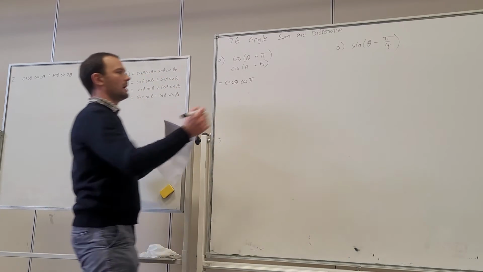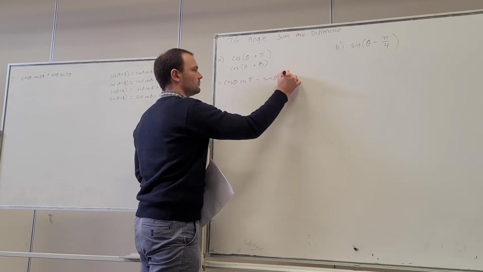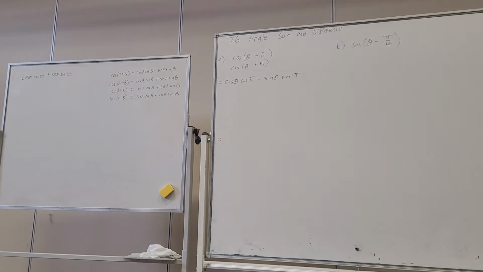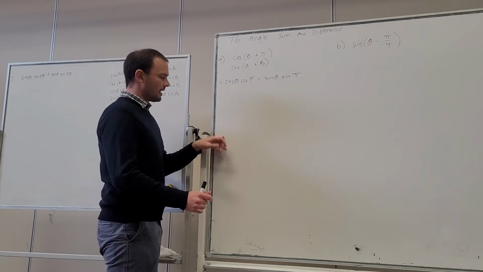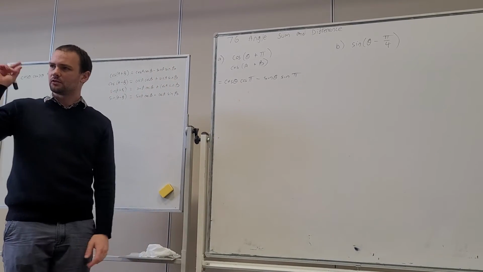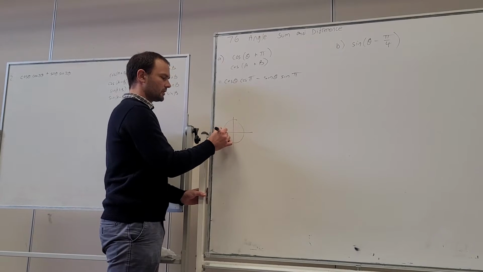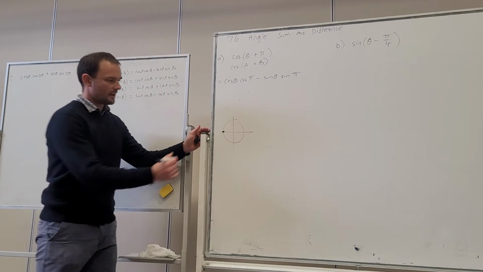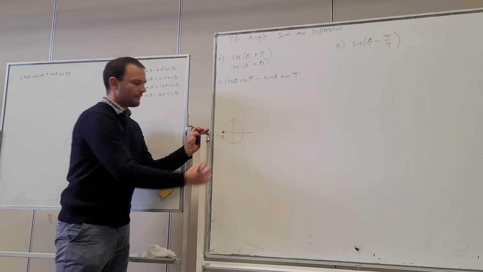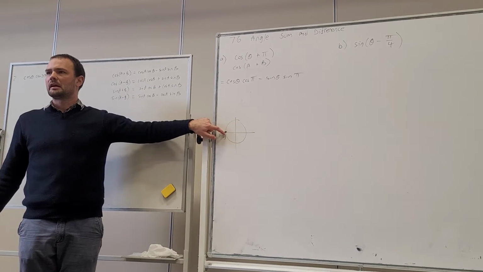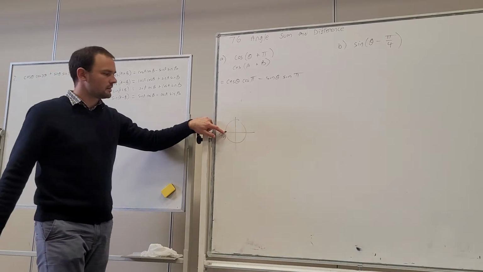Take sine theta, sine pi. Okay, so that's the link between the formulas there, and then we're just going to simplify it accordingly. So when we've got pi, and I encourage you, rather than just going straight to your unit circle, think about these things. So at pi, that's here on the unit circle, that has an x value of -1 and a y value of 0, which means at this point, cos is -1 and sine is 0.